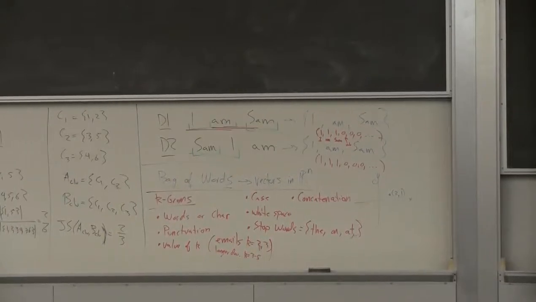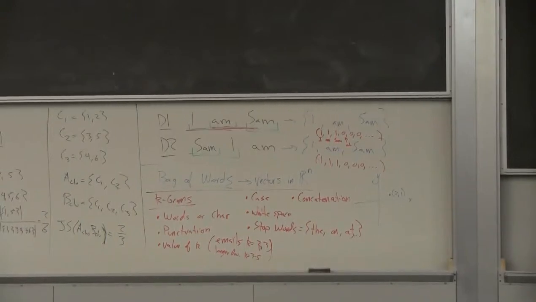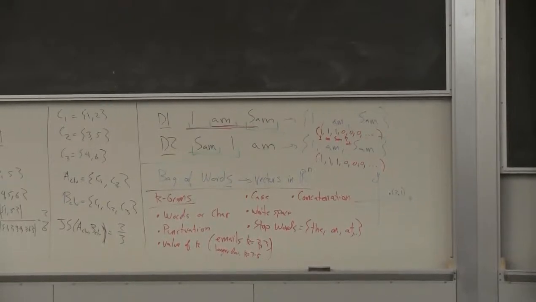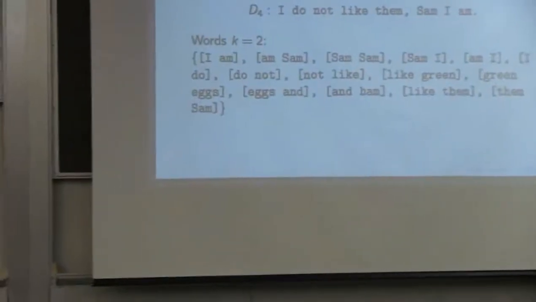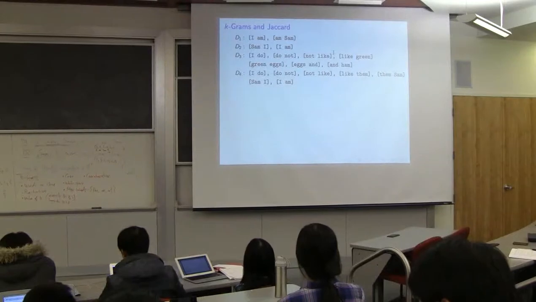Okay, so I think I've got some examples here as well. All right, so let's work with these k-grams with k equals 2 on words, and let's start by converting these documents into these sets.